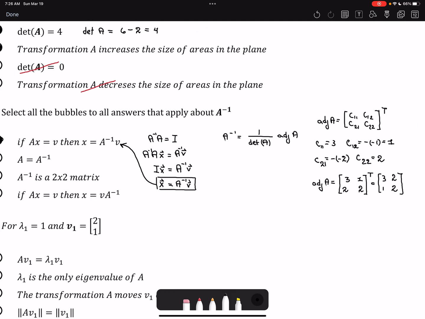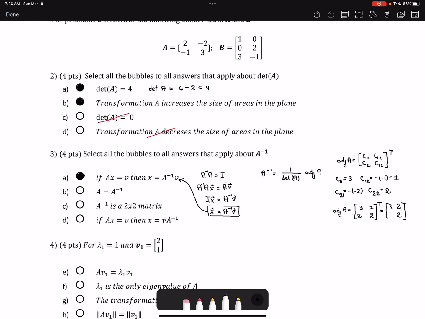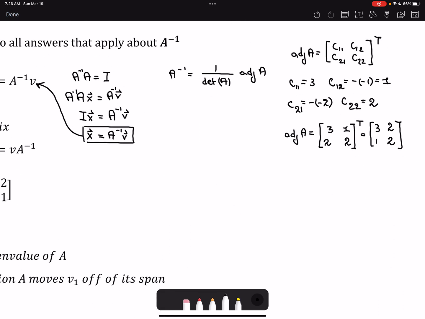Now, let's look at what A was. And do you think that this is equal to the matrix? Well, we're not done yet. Now, the A inverse, if we divide by the determinant, which is 4, and we multiply by the adjoint, we're going to get 3/4, 1/2, 1/4, and 1/2.